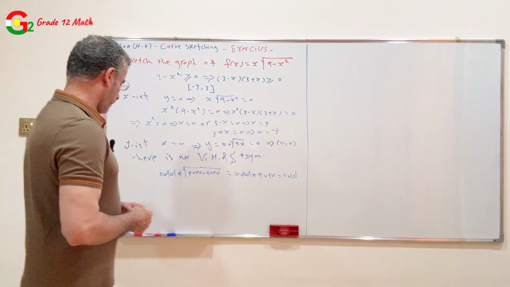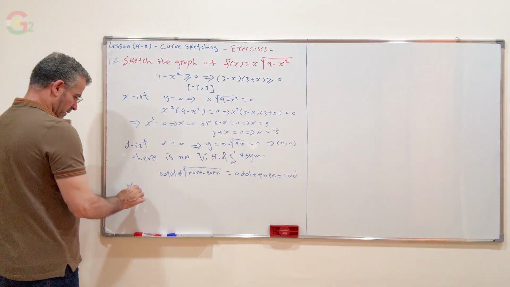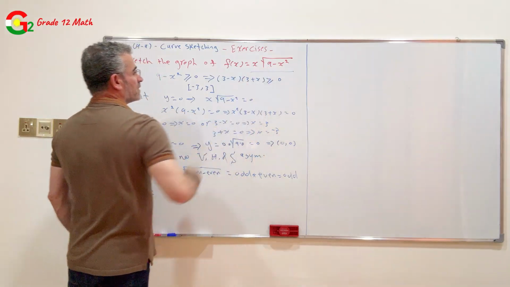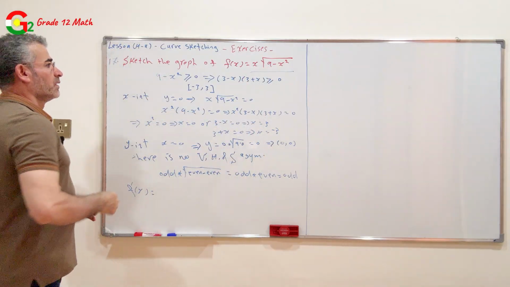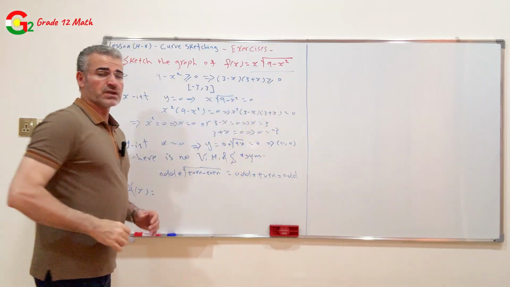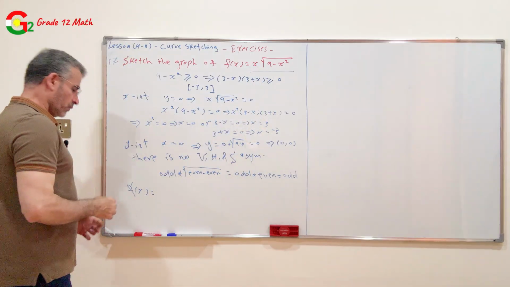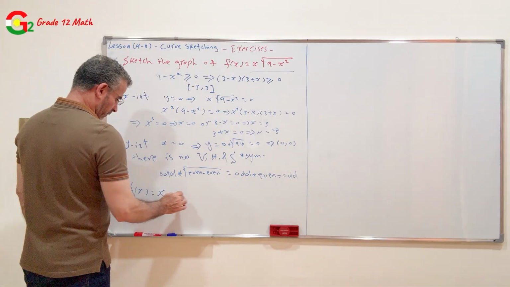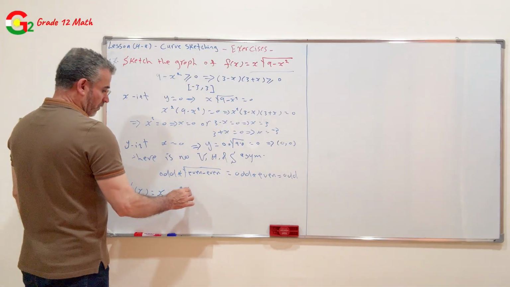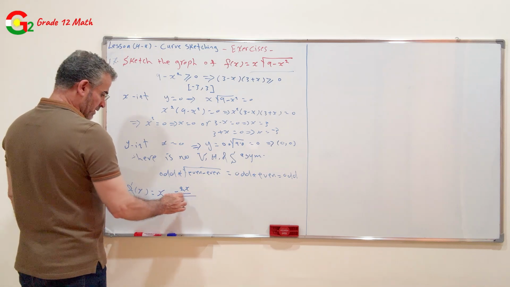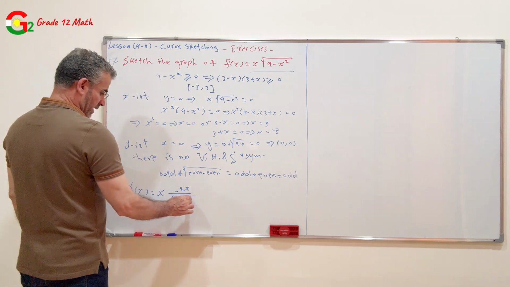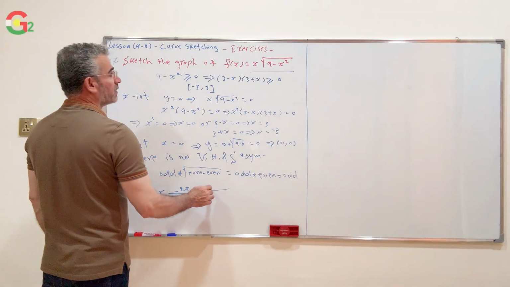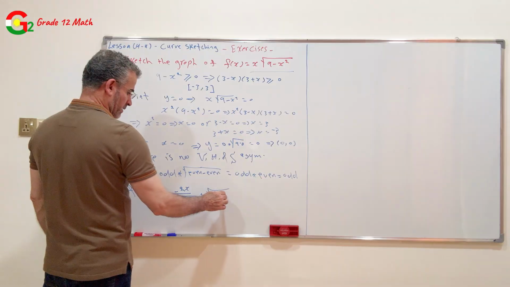To find the intervals of increasing and decreasing, we find the first derivative of this function. f prime of x equals: we treat this function as a multiplication of two functions. The first function is x, the second function is the square root of 9 minus x squared. So the first function, x, times the derivative of the second function, negative 2x over 2 square root of 9 minus x squared, plus the second function times the derivative of the first function, 1.